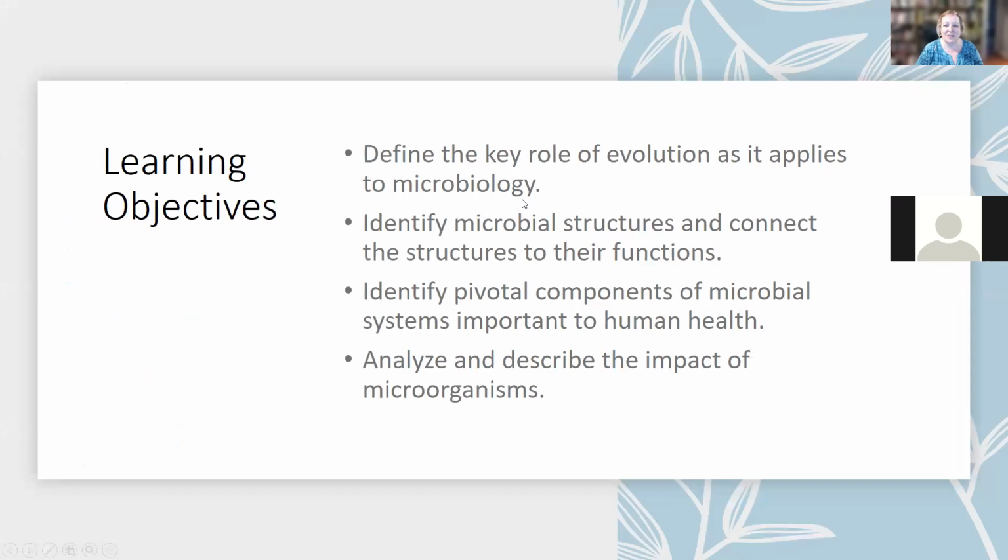All right, so this chapter helps us move toward being able to meet the following objectives. Being able to define the key role of evolution as it applies to microbiology, identify microbial structures and connect the structures to their functions, identify pivotal components of microbial systems important to human health, and analyze and describe the impact of microorganisms.